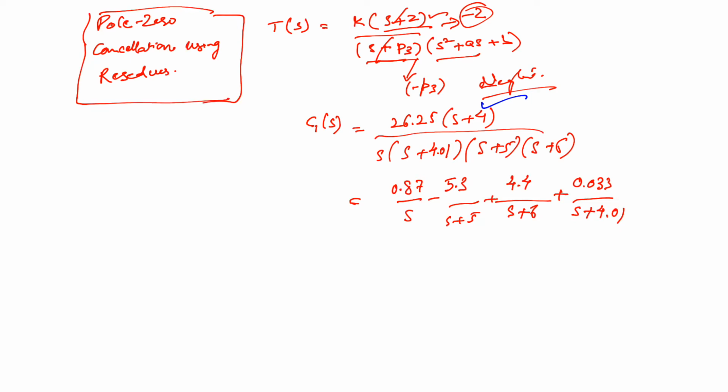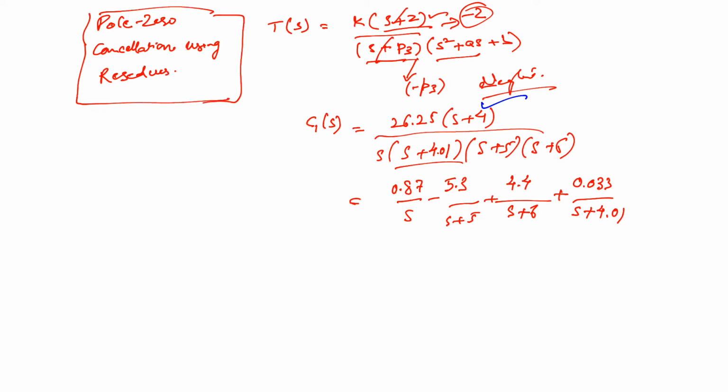Now let us consider another example in which in the denominator, instead of 3.5 we use 4.01. Now after having this partial fraction expansion, we get this.